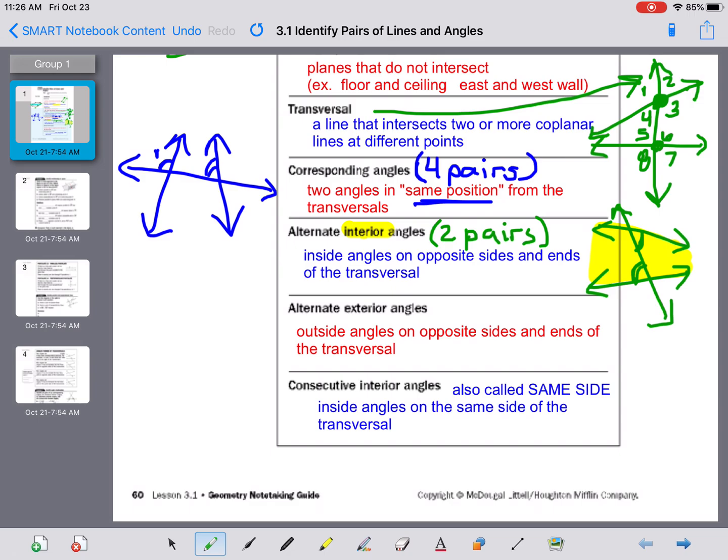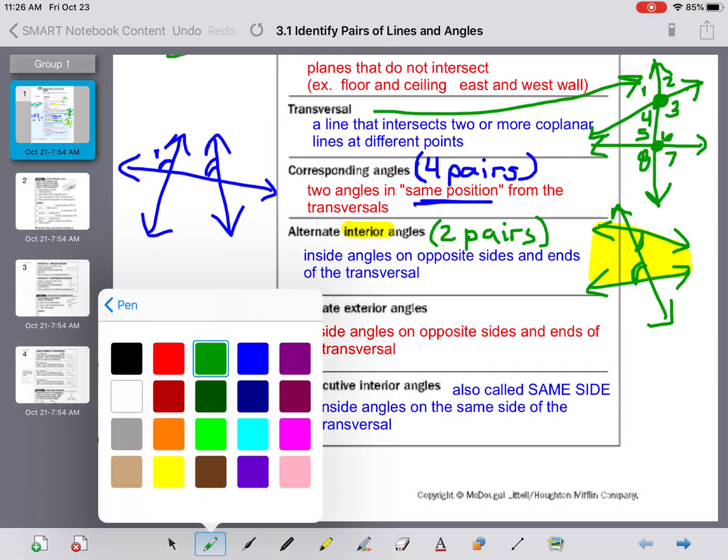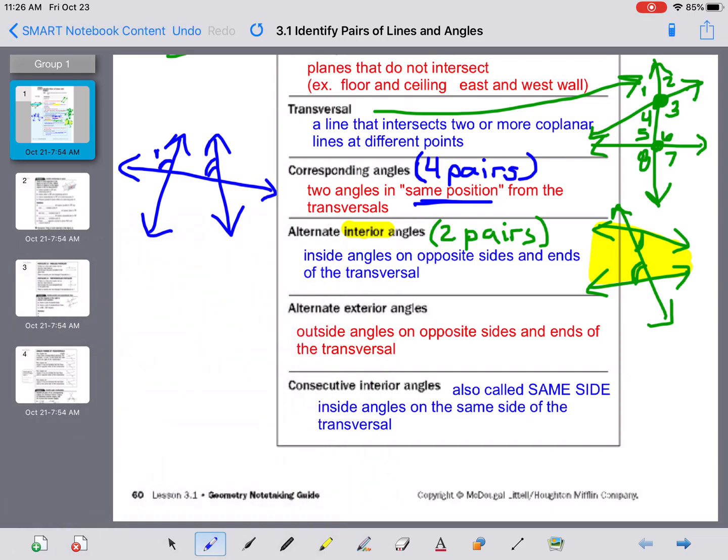All right, next one, alternate exterior angles. Again, we see almost the same words. I have 2 lines in my plane again, and the transversal coming through. And this time I see the word alternate exterior angle. Exterior means I've got to stay outside. Those are the angles outside the 2 lines.